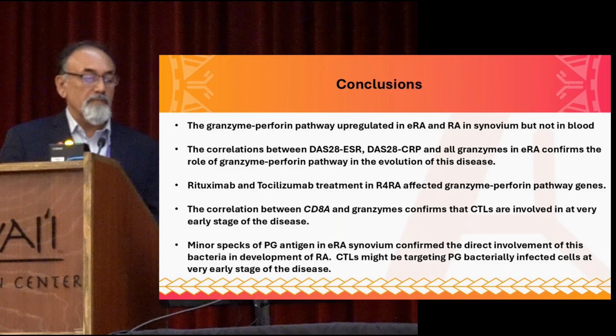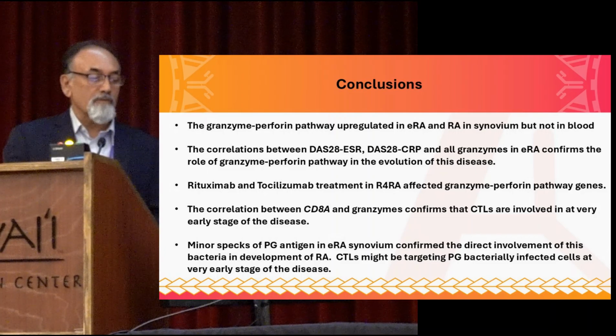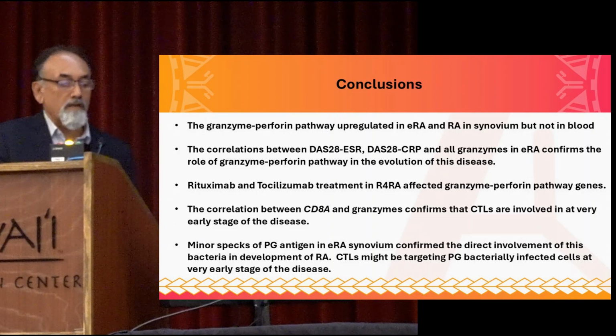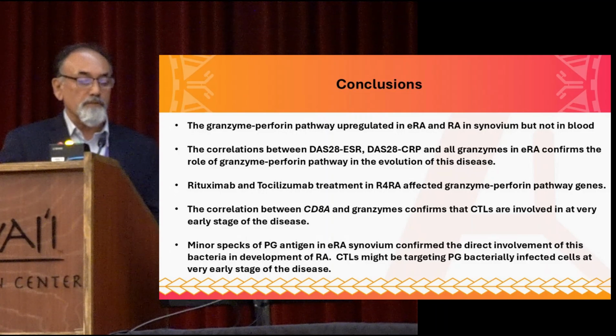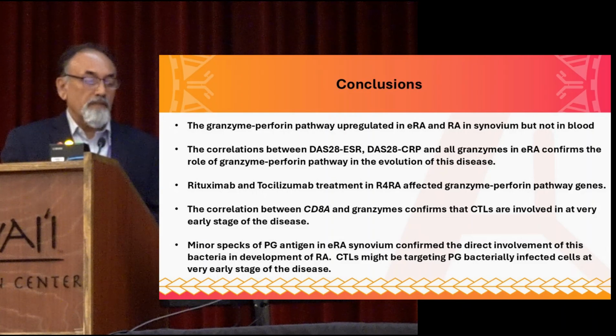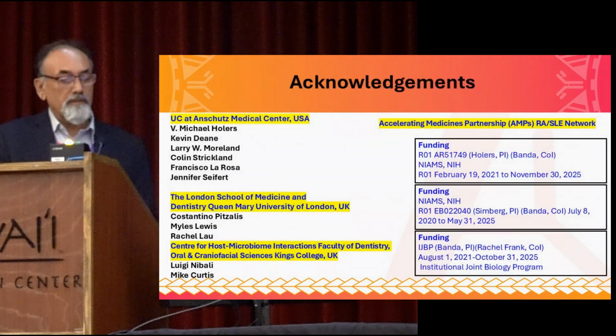The correlation between CD8A and granzyme confirmed that CTLs are involved at a very early stage of the disease. Minor specks of PG antigen in early RA synovium confirmed the direct involvement of this bacteria in the development of RA. CTLs might be targeting PG-infected cells at a very early stage of the disease.